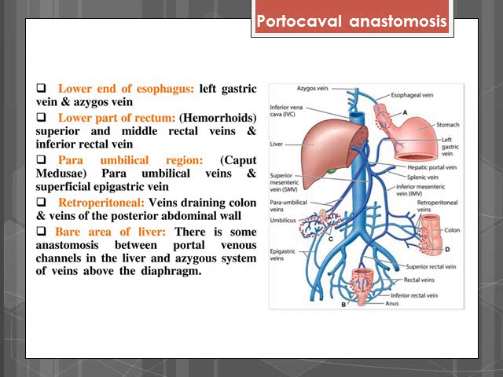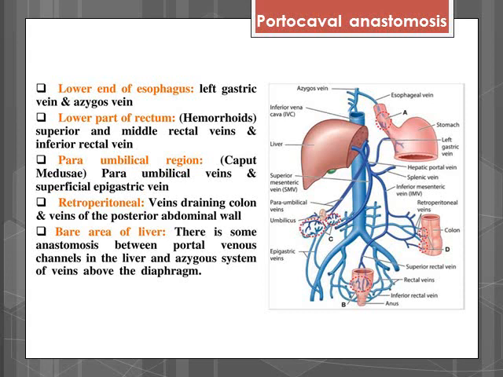The second site is in the abdominal wall, where the veins around the umbilicus may drain into superficial epigastric veins, into the great saphenous vein, then into the femoral, external iliac, and common iliac, then to the inferior vena cava, directly to the heart.